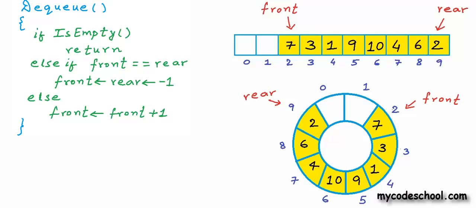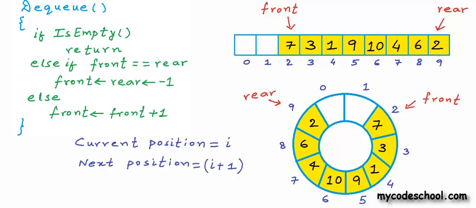Remember, this is only a logical way of looking at the array. In circular interpretation of an array, if I'm pointing to a position and my current position is i, then the next index will not simply be i plus 1. It will be (i + 1) modulo the number of elements in the array, the size of the array. Let's say n is the number of elements in the array. Then the next position will be (i + 1) modulo n.